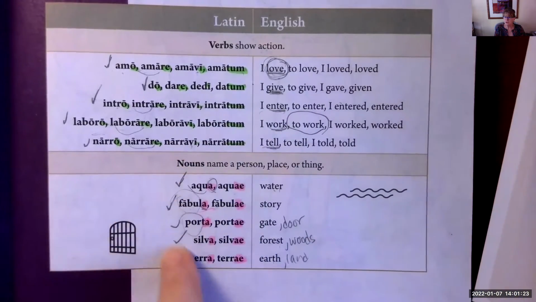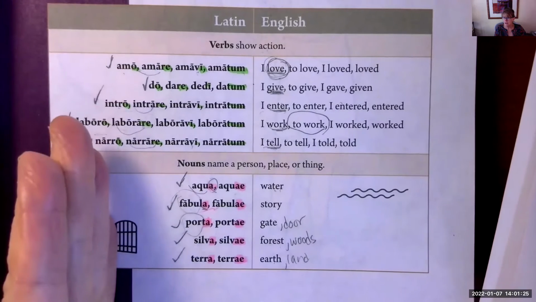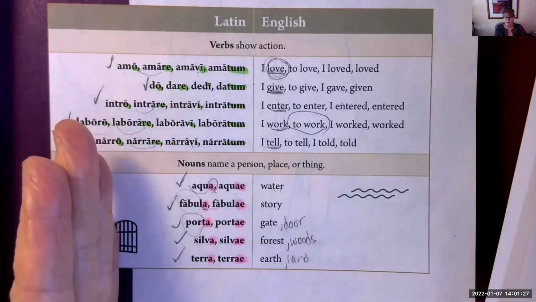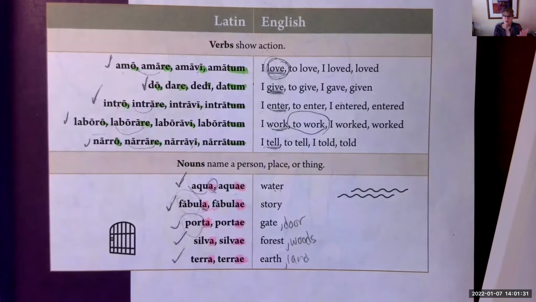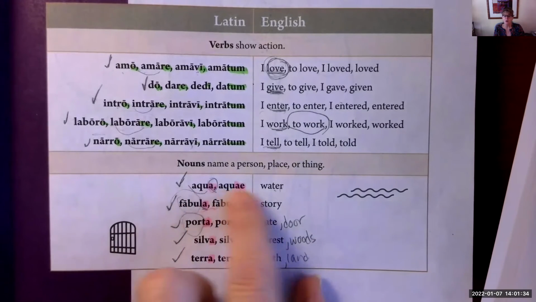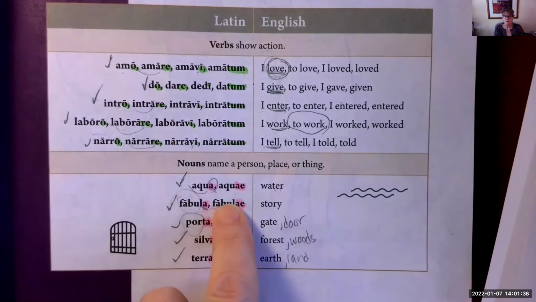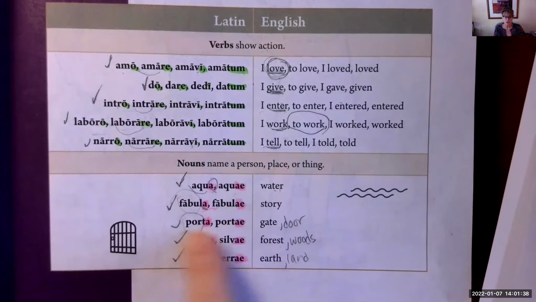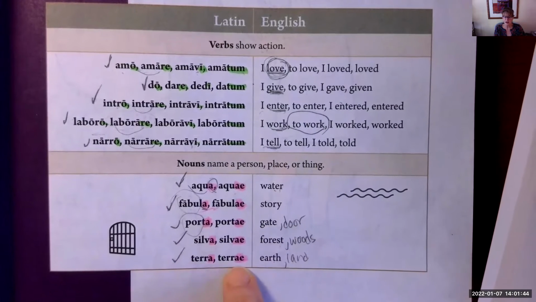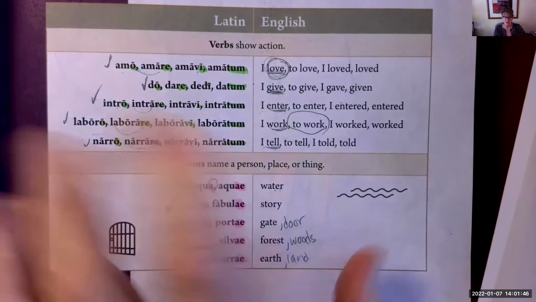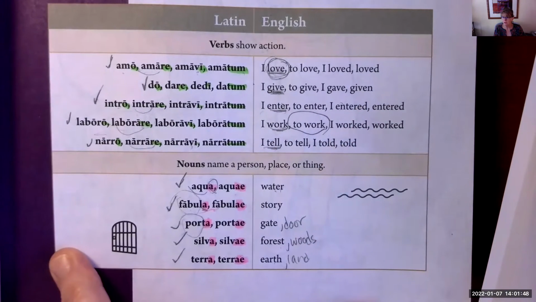And I would encourage students to begin their review of their lesson by reciting the vocabulary verbally out loud. Aqua, aquae, water. Fabula, fabulae, story. Porta, portae, gate or door. Silva, silvae, forest or woods. Terra, terrae, earth or land. So these are the 10 vocabulary words that are in chapter 1.